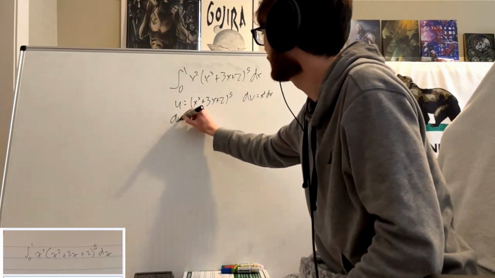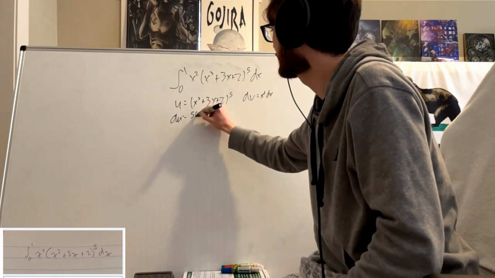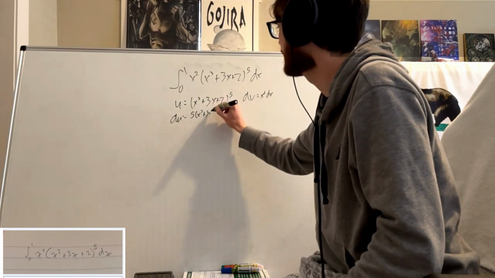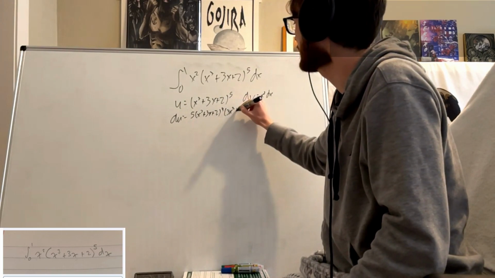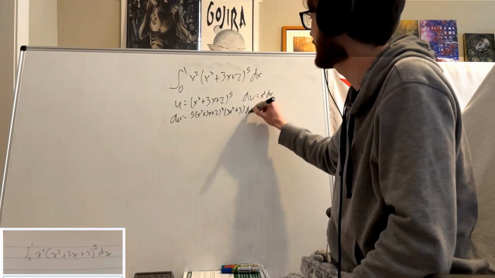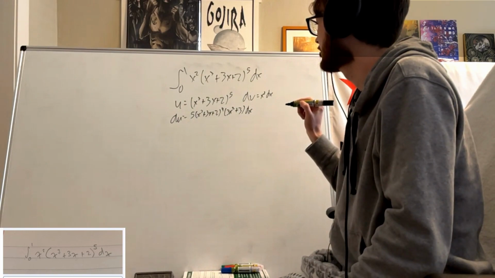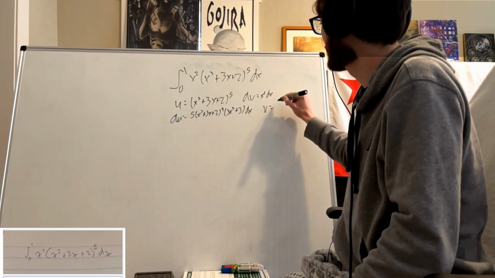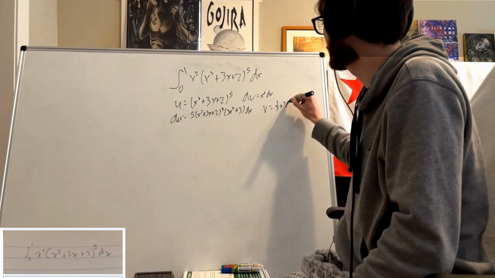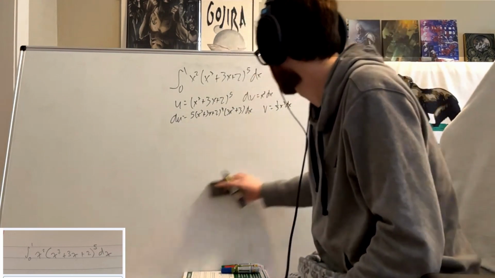We derive our u, so we get du equals 5 times x cubed plus 3x plus 2 to the 4th times 3x squared plus 3 dx. Good. Our v, when we integrate it, becomes 1/3 x cubed.